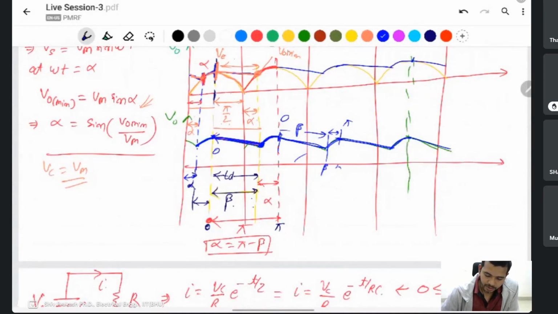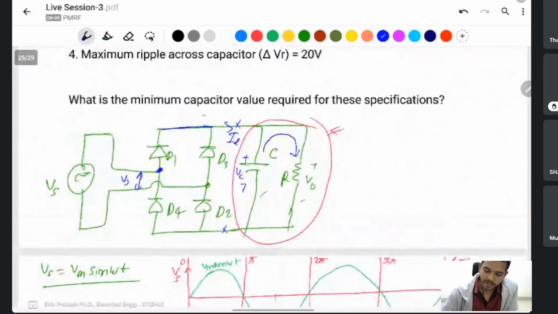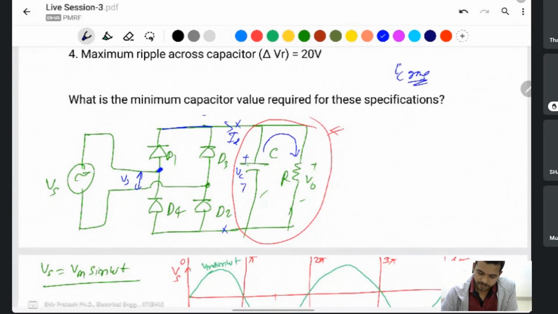I see RMS means you have the RMS capacitor current IC. When this flows, it is IM minus I naught. IM is given, I naught you can find, V naught is found, power is given, then you find I naught.